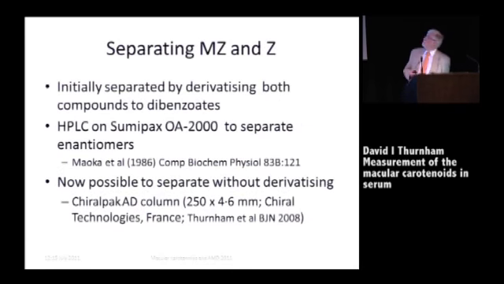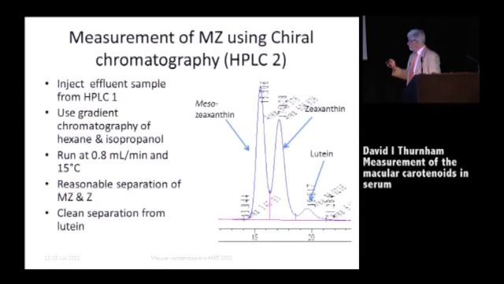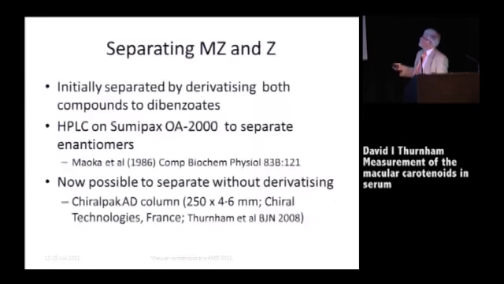Now, the initial report that Liz has just mentioned, of a separation of these two isomers by Macular, used chiral chromatography, but in fact he combined benzoic acid with the meso and zeaxanthin isomers.